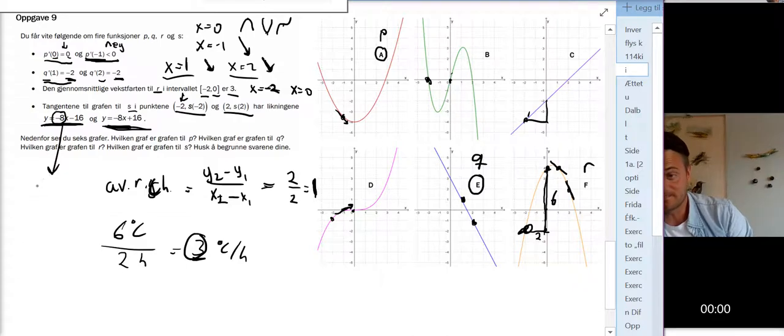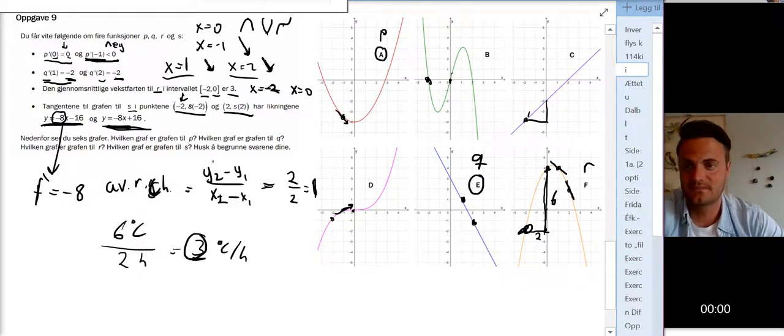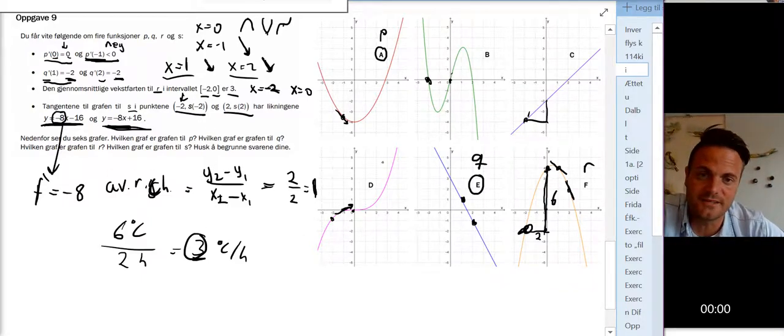So if the gradient has slope -8, this means that at this point the derivative is equal to -8. Right? The derivative gives us how fast it's increasing or decreasing at this point, and that's the slope, the gradient. The derivative is also called the gradient function.